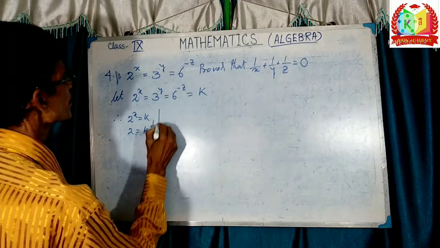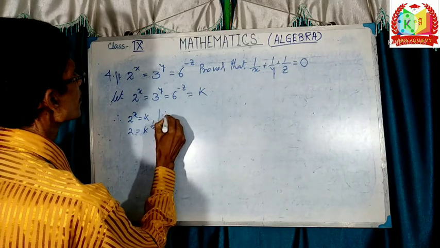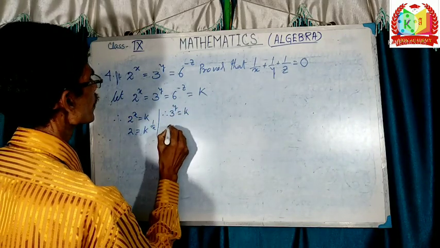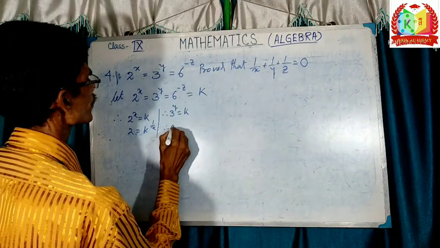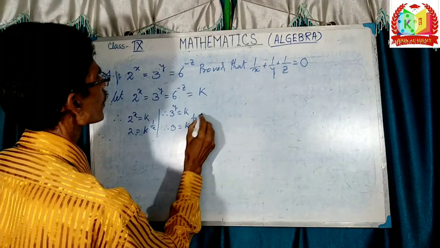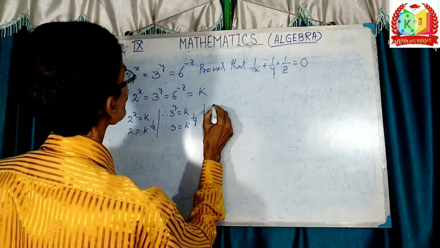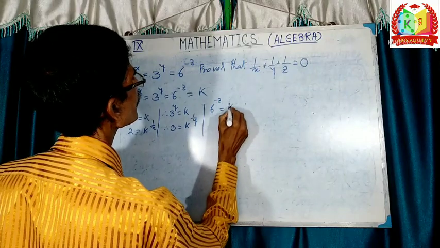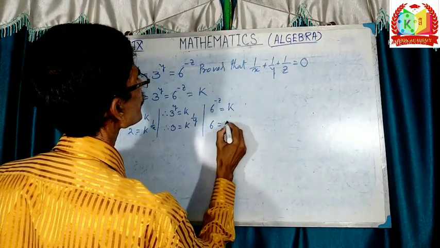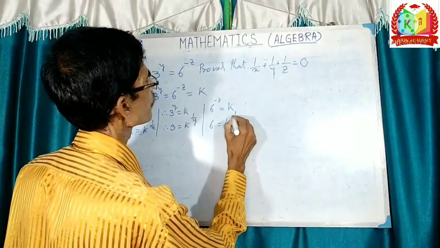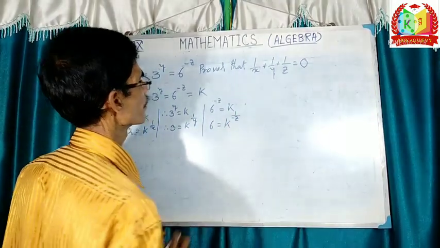Similarly, 3 to the power y equal to k, therefore 3 equal to k to the power 1 by y, and 6 to the power minus z equal to k, 6 equal to k to the power 1 by minus z.